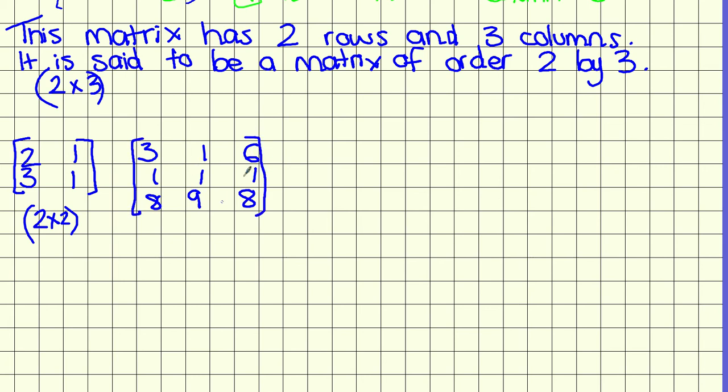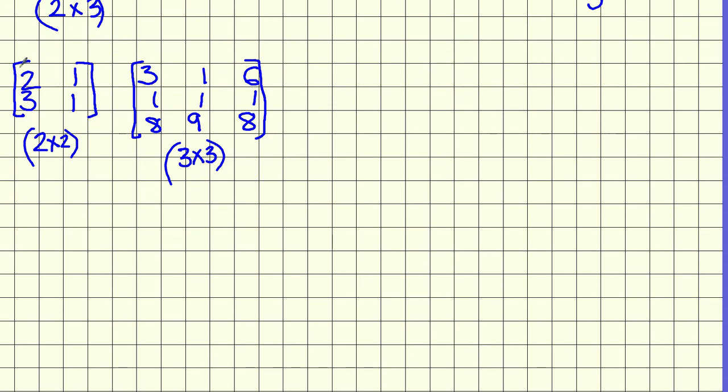If you think about what order this is, we went down 3 and then along 3, so we say this is a 3 by 3 matrix. Both of these matrices are special because they make a square sort of shape. So we just say that they're called square matrices. I'll just label that there like this.